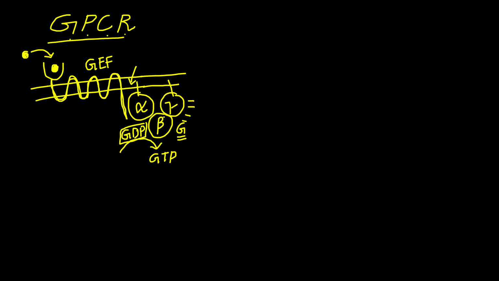Okay, now the alpha subunit and the gamma beta subunit get separated from each other after the activation of G protein. These three subunits are part of G protein. So after activation, they get separated and move apart from each other and activate other proteins.